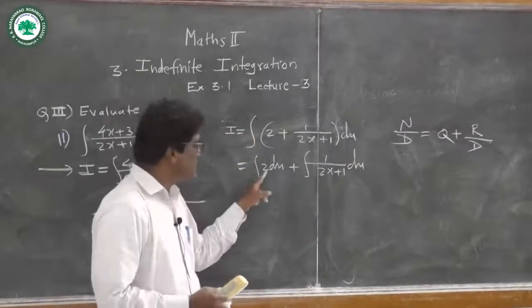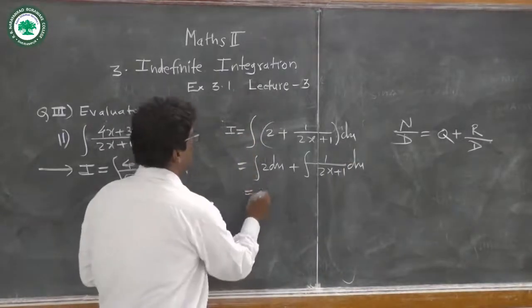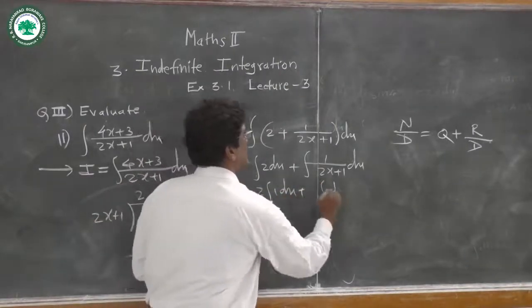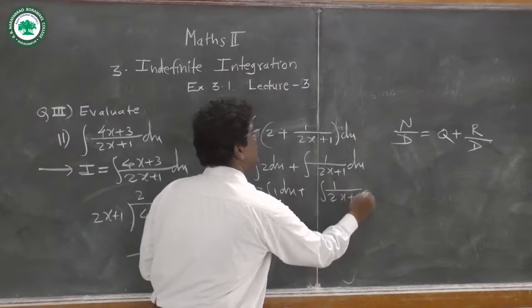Now these two constants take outside the integral, so 2 into integration of 1 dx plus integration of 1 upon (2x + 1) dx.